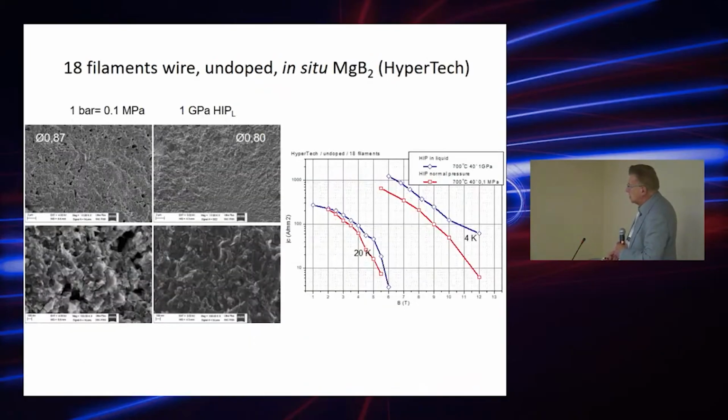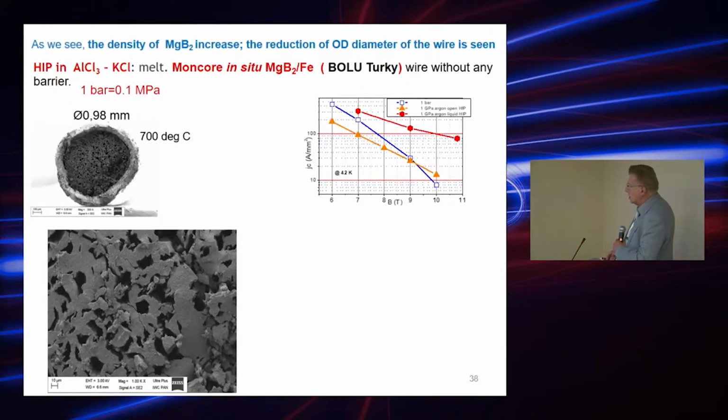And this is the typical Hypertech wire, MgB2. And you can see how the structure and the dimension, the diameter of the wire, changed after 1 gigapascal heap, and the parameters, the JC of this wire.